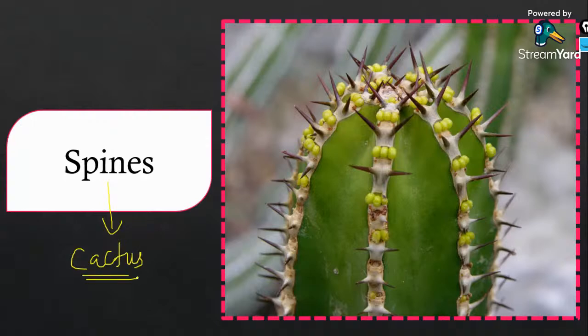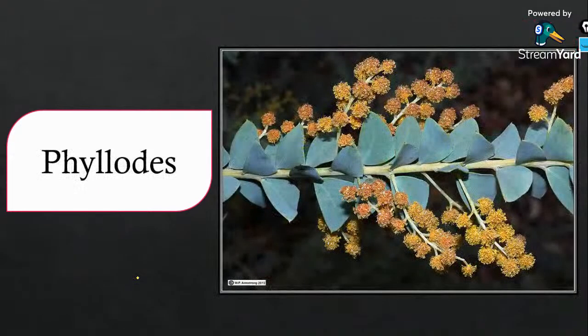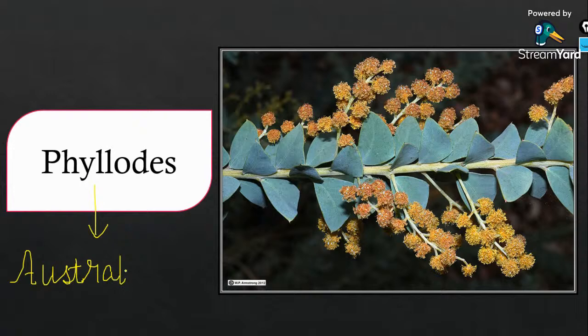Next, this is the phylloid in Australian acacia, where the leaf gets modified and flattened. Look, the leaf becomes flattened like this, but its function is photosynthesis itself.